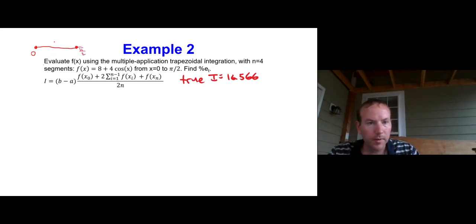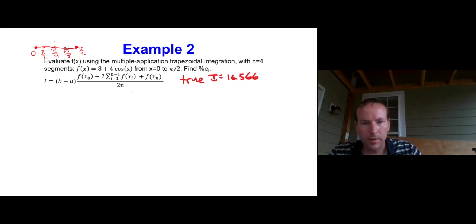And then in the middle we have pi over 4, which means we've got pi over 8 right here, and 3 pi over 8 right here. So there's a little number line to keep track of what points we're talking about.